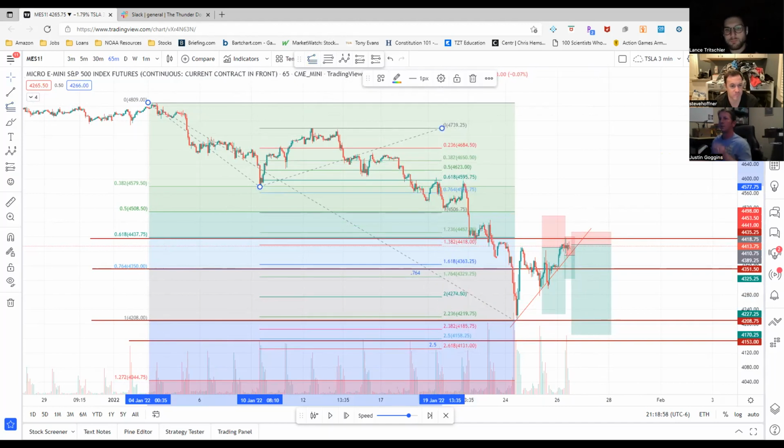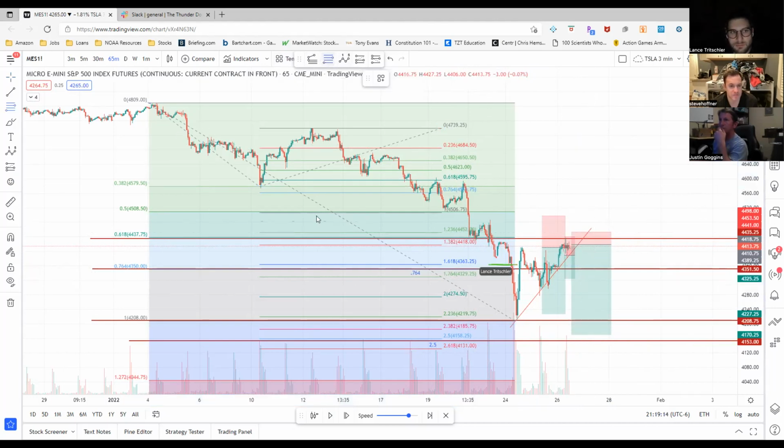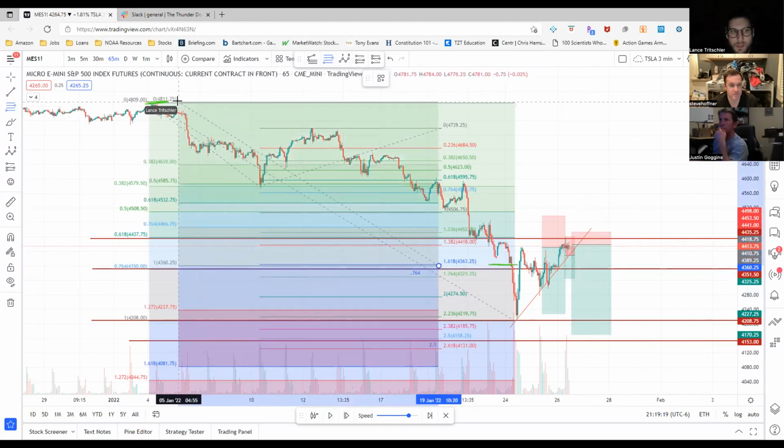Okay. So Hoff, your question was, okay, well, what if it hits the 1.618 and bounces? So leave this one up here. Justin, do me a favor and draw another retracement tool from the 1.618 to this move. Look, Hoff, it's the same thing.